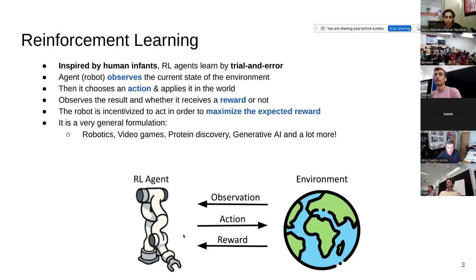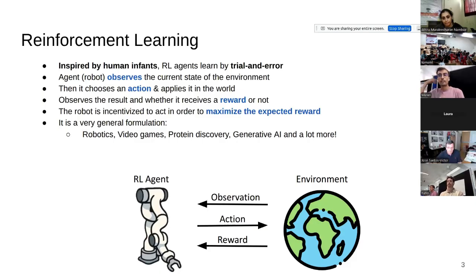So it's like a dog. When it behaves well, you give it a cookie, but if not, maybe you will shout at the dog. So what we then tell the robot is that it should be choosing actions that maximize the expected reward over time.